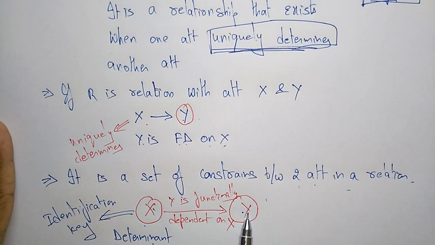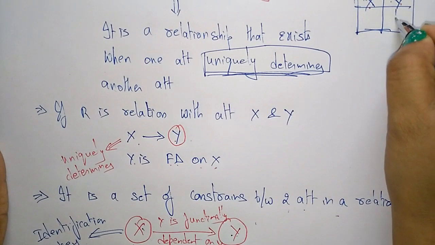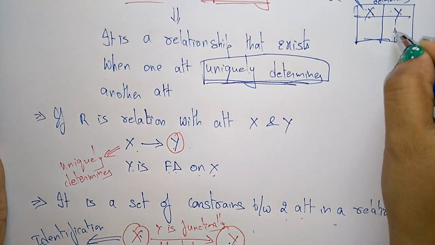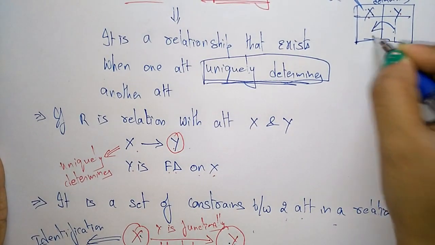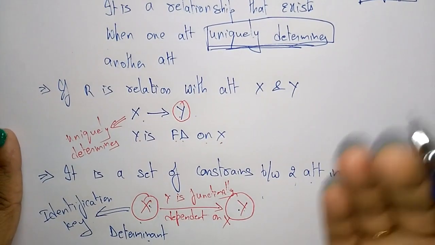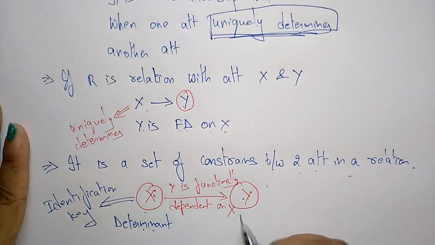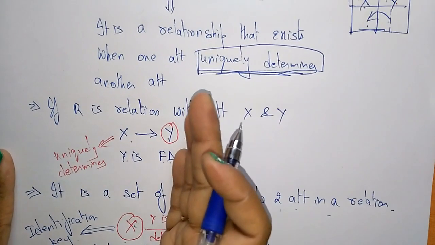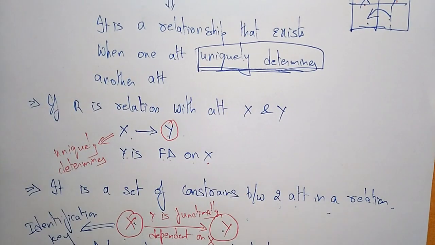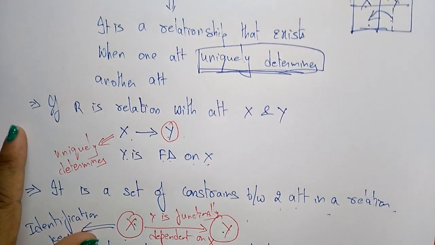The values present in Y will depend on the X values. That is a functional dependency. X is always the determinant and Y is always dependent. The right hand side always depends upon the left hand side. Let me take one example to explain this functional dependency.